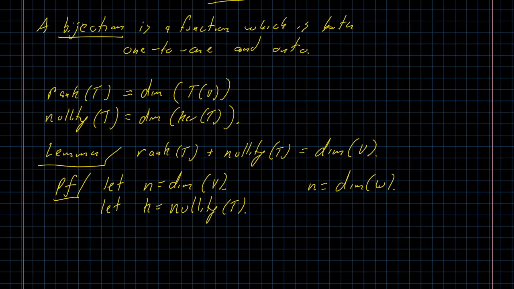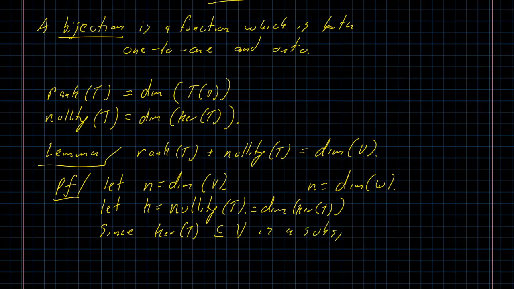And since the kernel of T is a subspace of V, the dimension of the kernel has to be smaller than the dimension of the vector space.